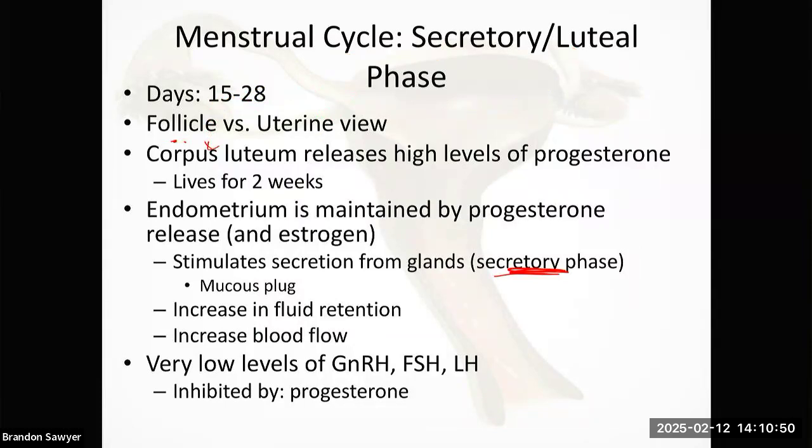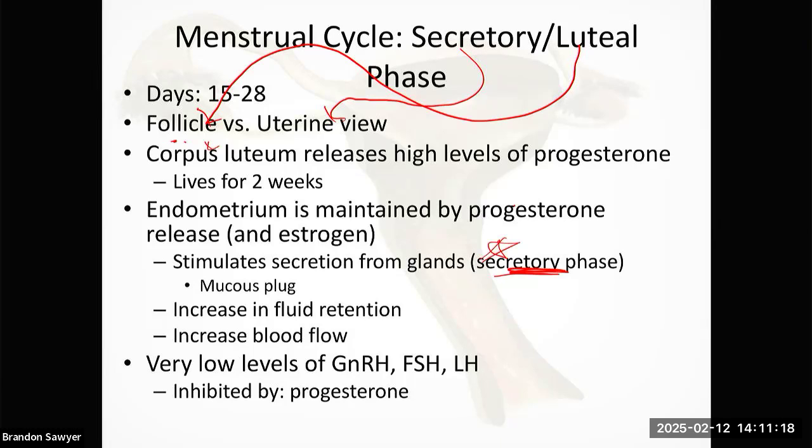Okay, so the secretions are happening in the uterus, where we get a bunch of mucus secretion, and the follicle is now the corpus luteum. That's what it's talking about, the two different views of this. We're talking about what the follicle is doing or what the uterus is doing. So the secretory phase, again, is the uterus releasing a bunch of mucus, which creates the mucus plug, which is what happens in pregnancy.